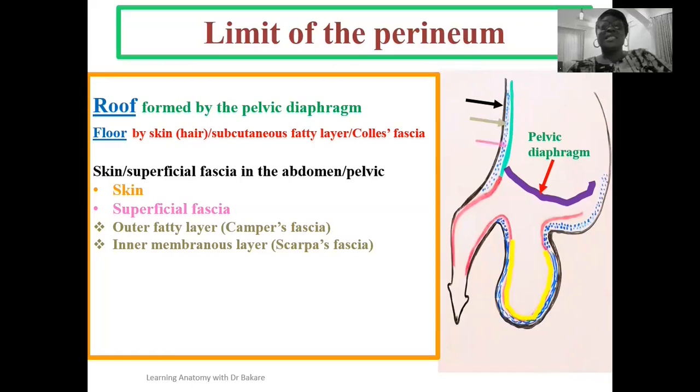And this is what is carried here at this point. If you look at the superficial fascia located deep to the skin, it is subdivided into two. We have an outer fatty layer and we have an inner membranous layer. The outer fatty layer is referred to as the Camper's fascia, while the inner membranous layer that is made up of fibrous membrane is the Scarpa's fascia.